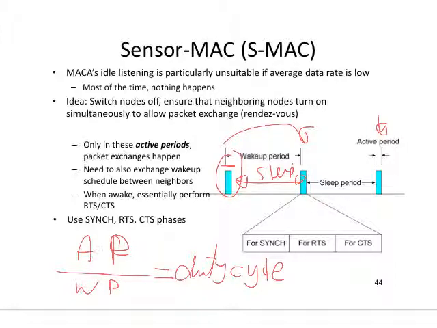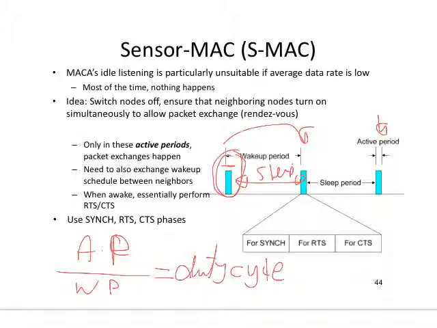So in other words, a certain active period assumes a specific traffic pattern on the network. So it would be nice to have some information about the traffic on the network, so that we can change the wake-up period and change the active period accordingly.